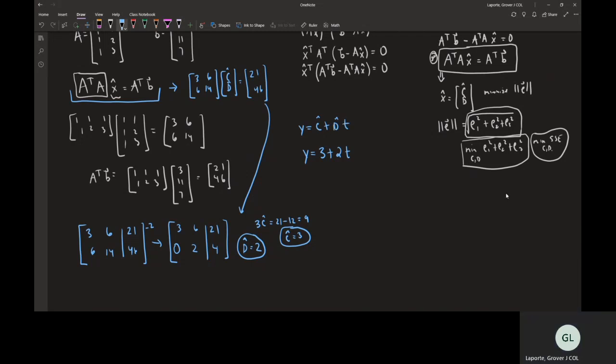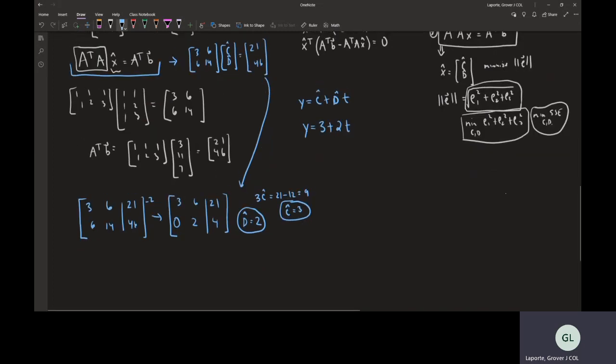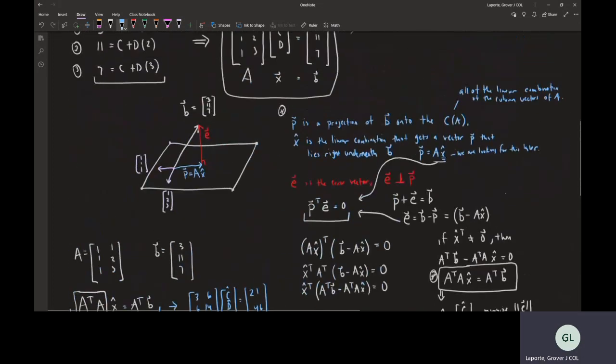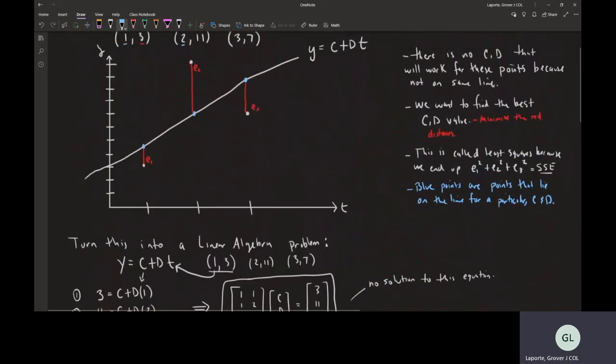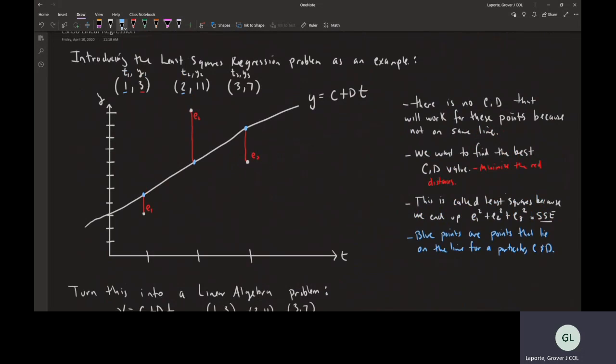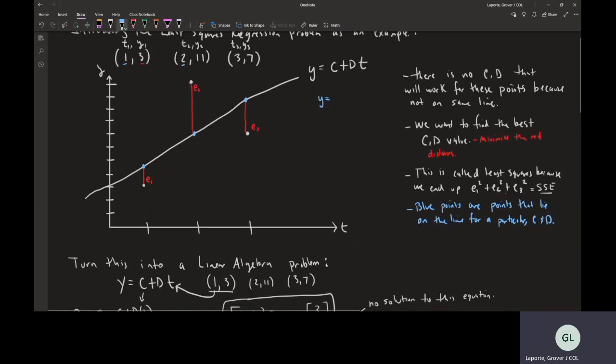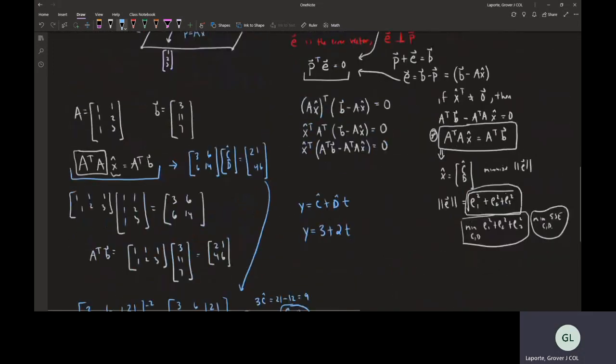Okay. So if we want to, we can just go back up to the top and write in our solution, or our numbers, right? Because I know C and D now, I can write in what the blue numbers are. Yeah, let's do that, and then we'll come back down and see what it looks like in the linear algebra world. So we know y is equal to 3 plus 2t.